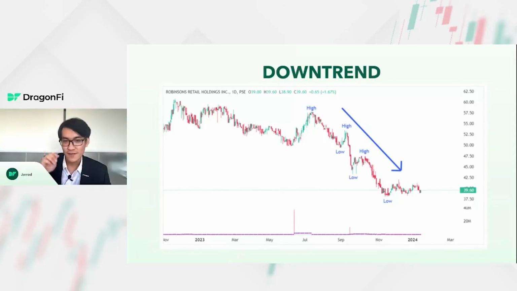So basically, when the stock tries to go up, hindi niya nabibeat yung previous high niya. Kasi there's a lot of selling pressure, right? So that causes it to keep going lower and start the downtrend. So this one, you don't want to get involved with because masakit to, right? You don't want to see your stock go down, right?